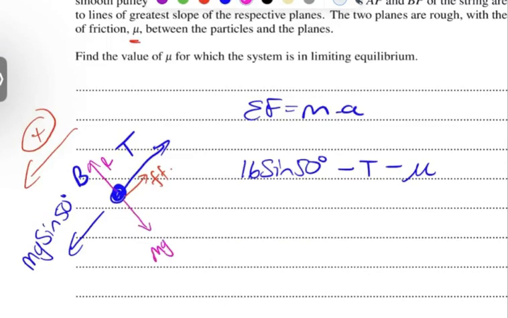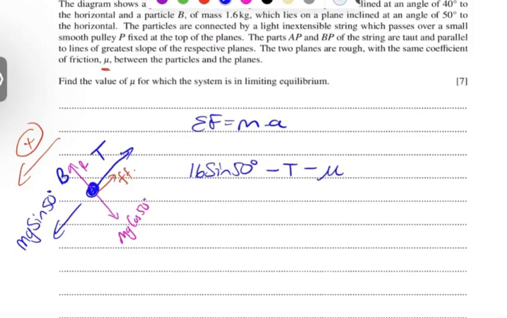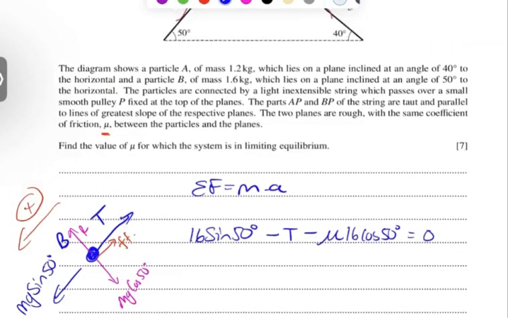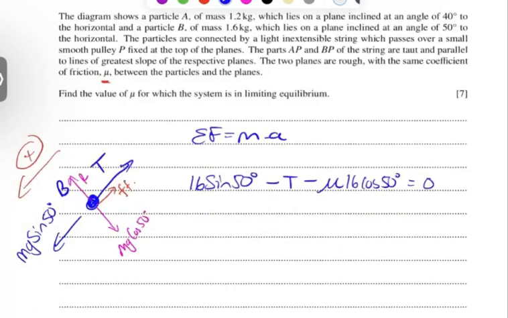This is going to be mg cos theta, so minus mu times 16 cos 50. And they say this thing is in equilibrium, so it's going to be equal to 0.